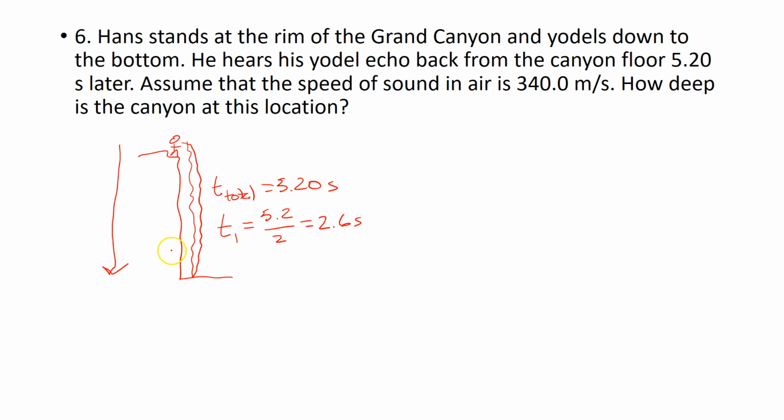The next thing I need to do is figure out what is the depth of the canyon. So I need to say what is my change in position. But because it says speed of sound, we can actually use our speed equation. So let's not use the velocity equation. Instead, let's just say that average speed is equal to the distance divided by the time.